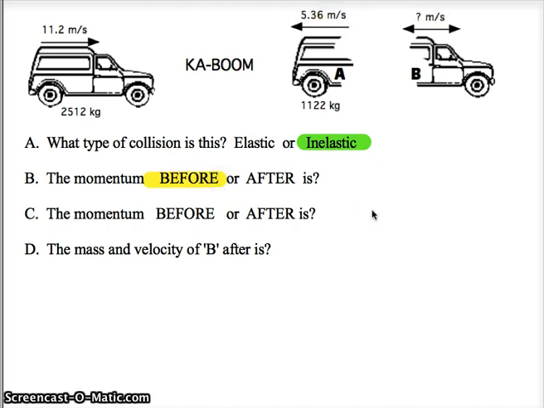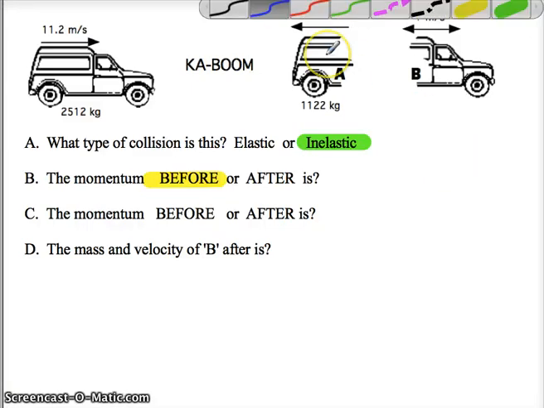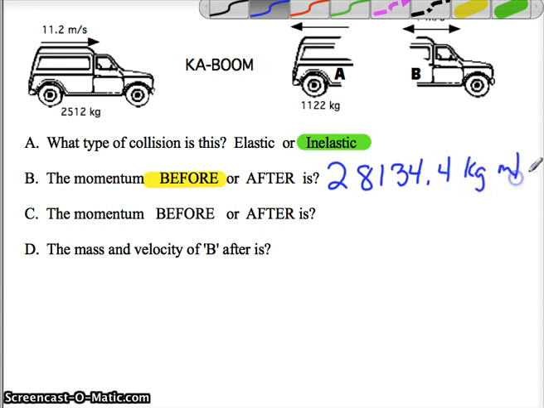Grabbing a calculator, the momentum is the mass, 2512 kilograms, times its velocity of 11.2 meters per second, gives us a momentum of 28,134.4 kilogram meters per second.